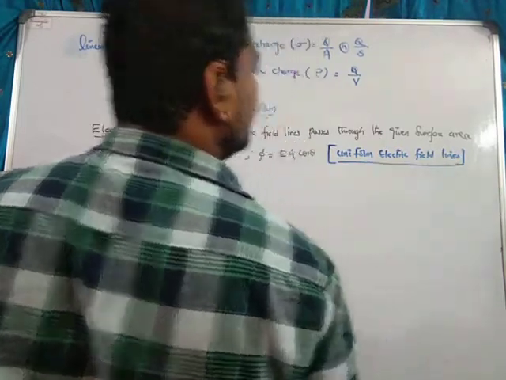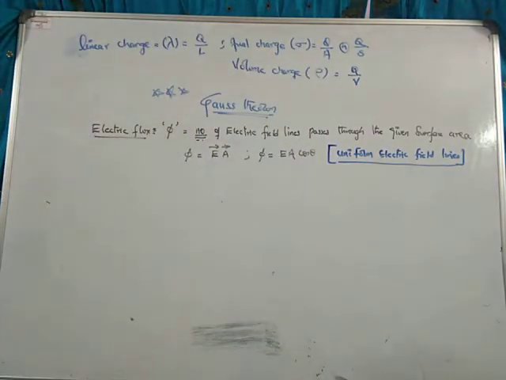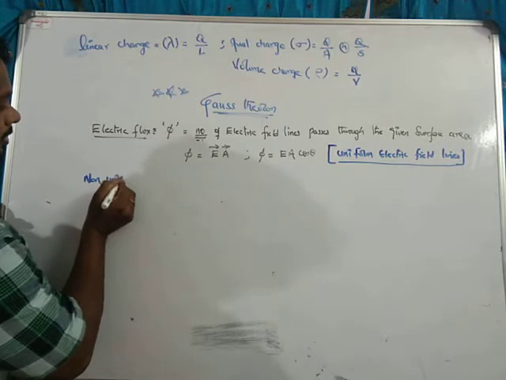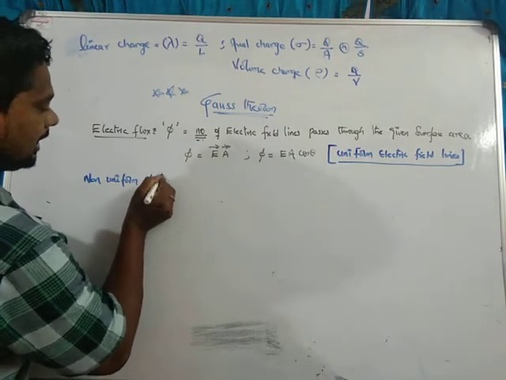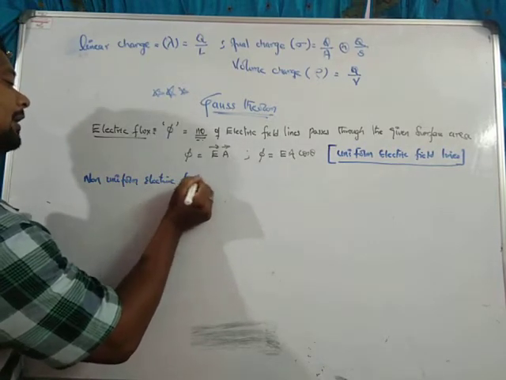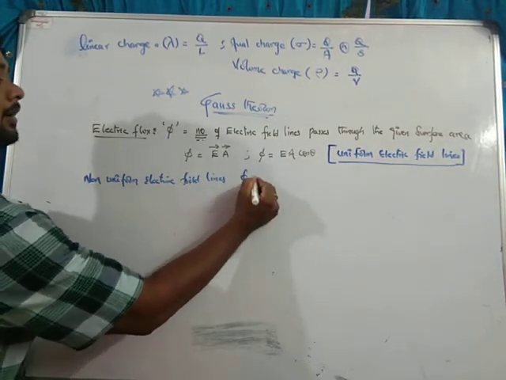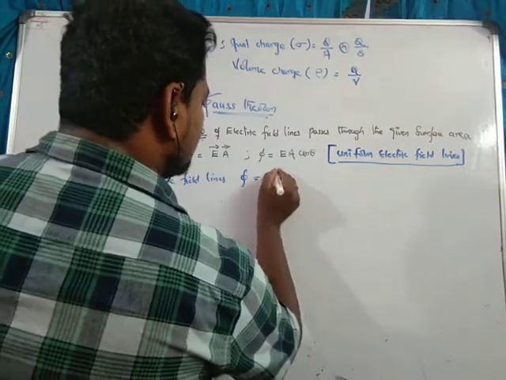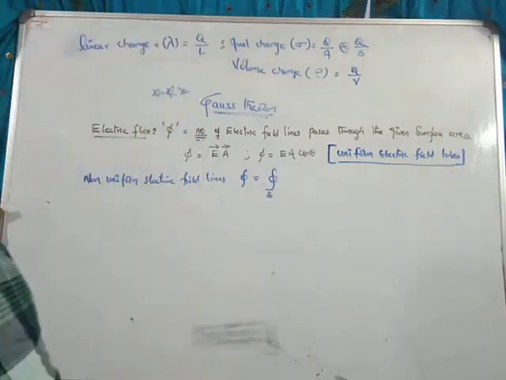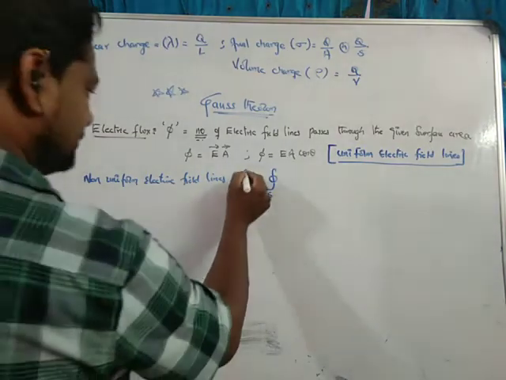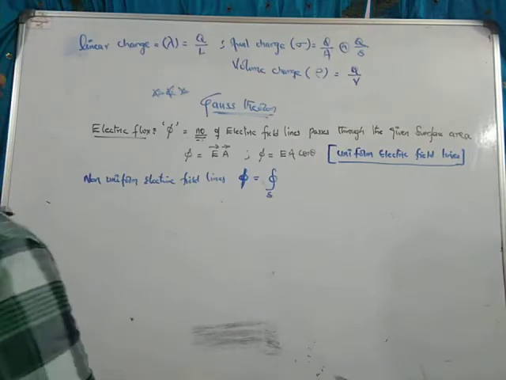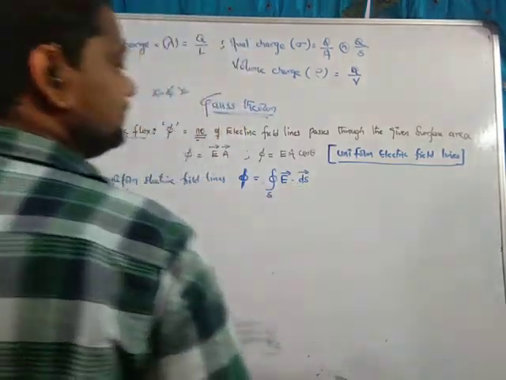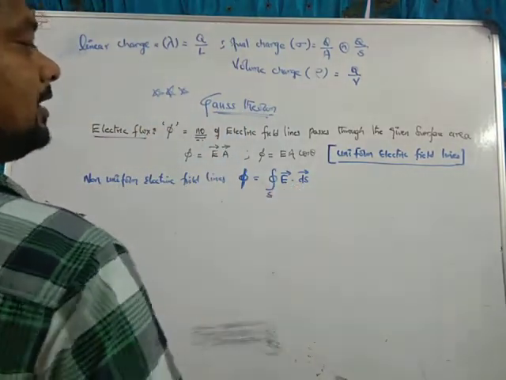Suppose you have non-uniform electric field lines, then flux is equal to the surface integral of E dot dS. So instead of area we consider dS.